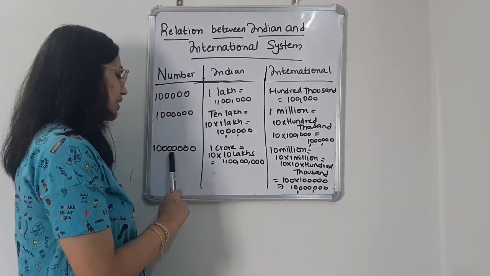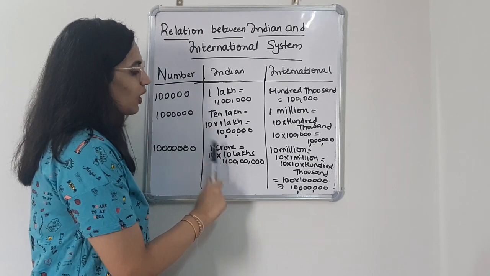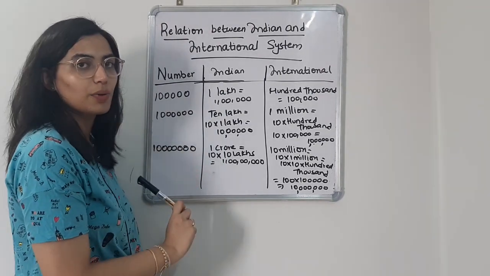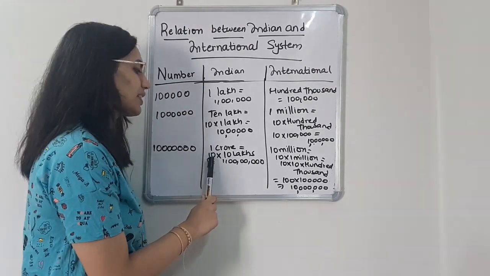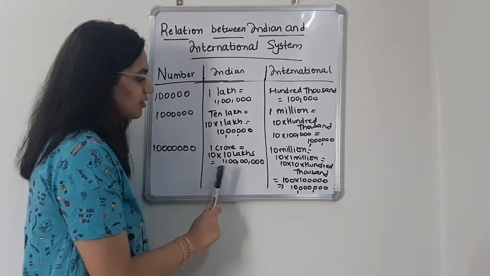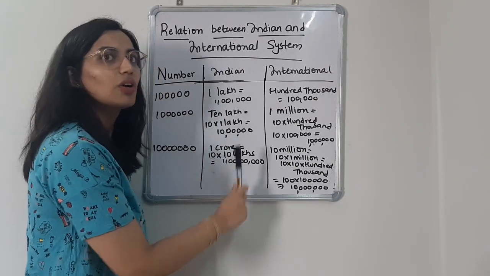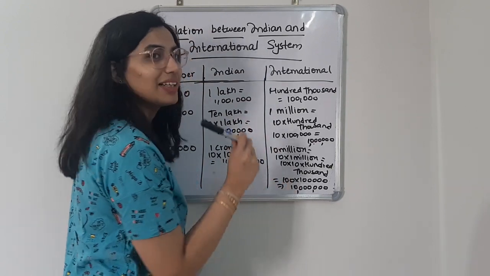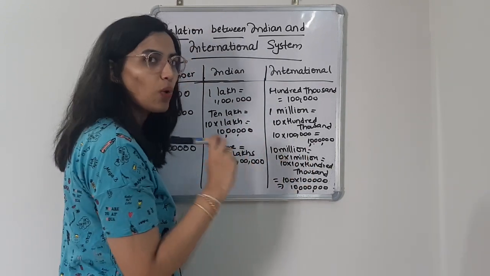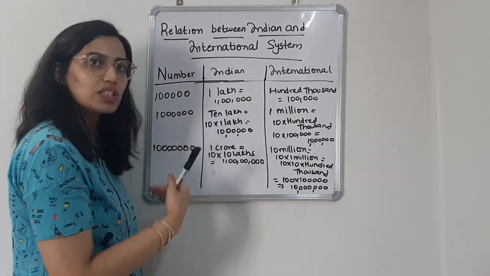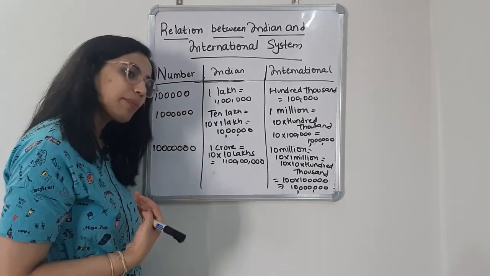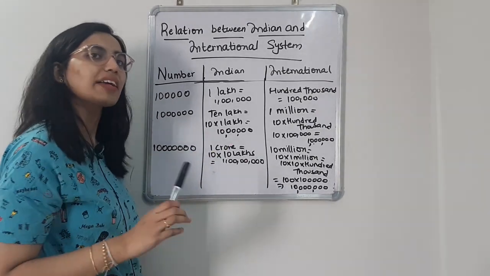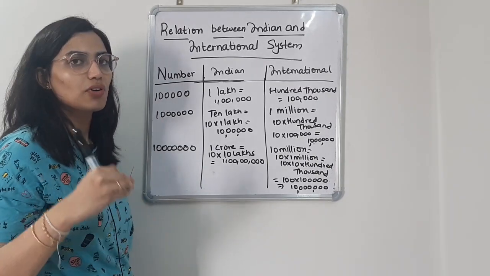In a similar way, if we take 7 zeros, we call 1 followed by 7 zeros as 1 crore in the Indian system. And that is nothing but 10 into 10 lakhs. That is 10,000,000. But in the international system, it is nothing but 10 million because we are just multiplying this by 1 more time. So the more downwards we reach, the more the number will increase and it will always be multiplied by 10 to increase the number of zeros.